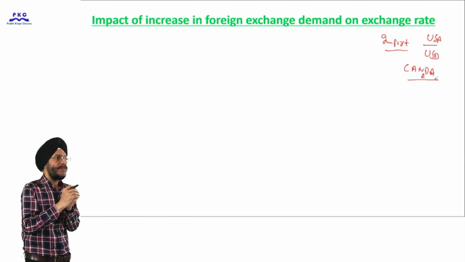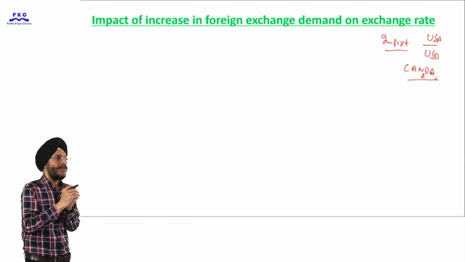Suppose there is political stability in a particular country, say A. The people from the rest of the world will like to make investments in country A. To make investments, they will have to purchase the currency of that country.